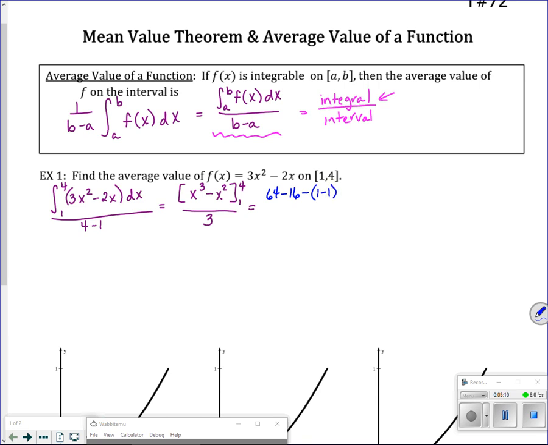Oh, that's nice. That ends up being 0 over 3. So what is that, 48 over 3? And remember, on free response, you wouldn't really have to reduce, but if this is on multiple choice, they would probably put the most simplified answer, which would be 16. So the average value of all those y values from 1 to 4 is 16.